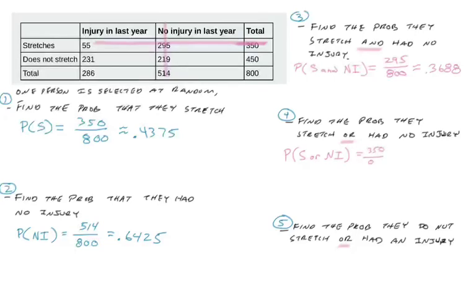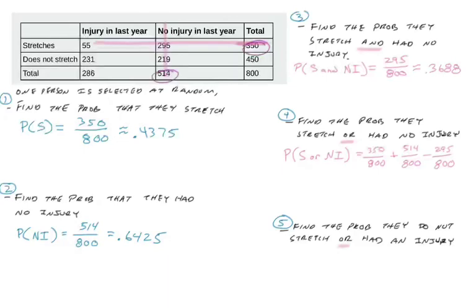And in this case, if you recall, we could use our formula again, but we'll try to do it a little bit more intuitively here without having to write the formula out. So what we want to look at is the probability that they stretched, which is those 350 there. Then we're going to say no injuries, which is a 514.